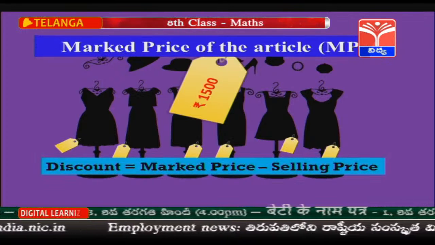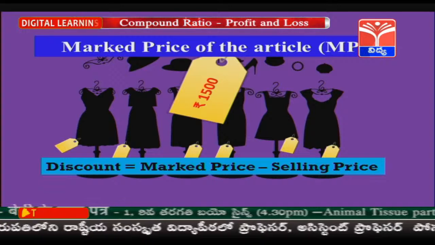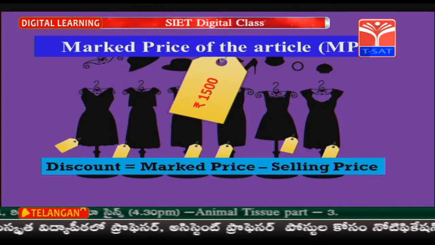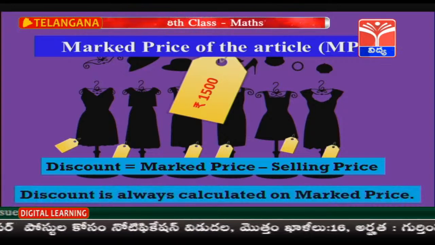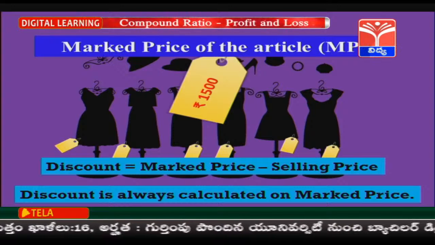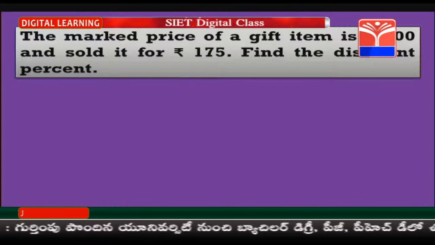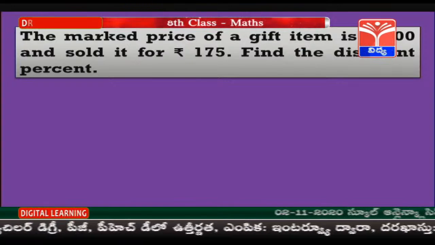Now, children, to calculate the discount, we need to subtract the selling price from the mark price. So, discount is mark price minus selling price, and it is very important to note that, children, discount is always calculated on mark price. Now, let us take an example to understand the concept of discount.